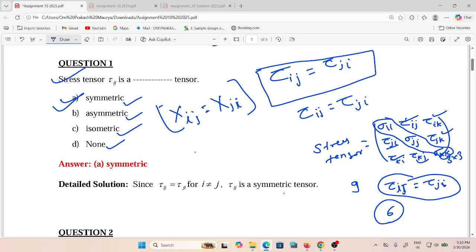But your sigma ii, sigma jj, these are not similar, these are different.